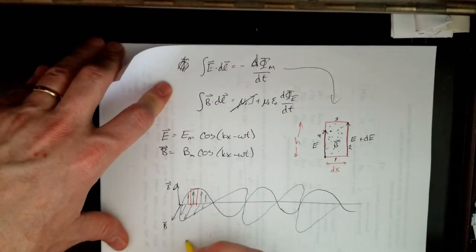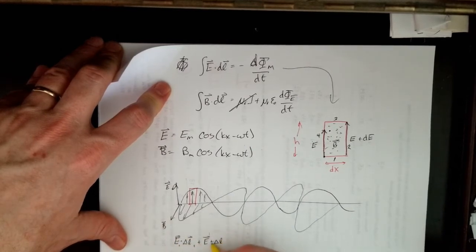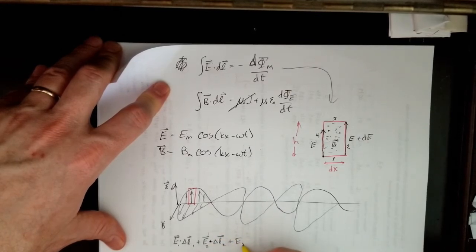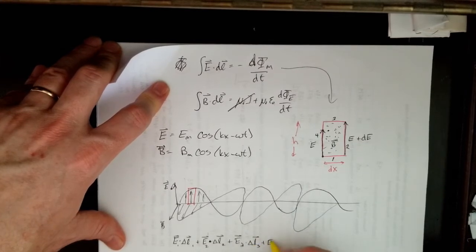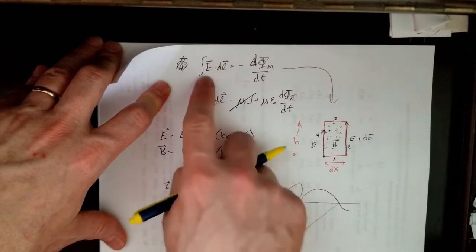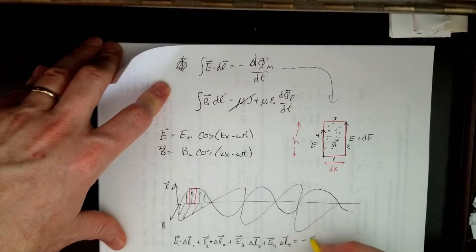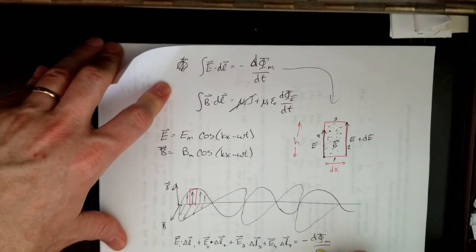So the law says that E1 dot delta L1 plus E2 dot delta L2 plus E3 dot delta L3 plus E4 dot delta L4 equals, that's basically going around E dot dl all along, negative d phi m dt.